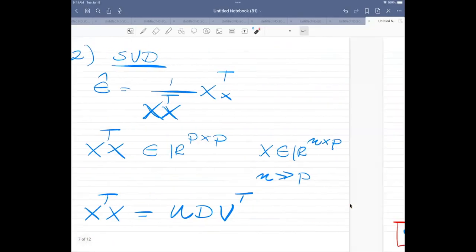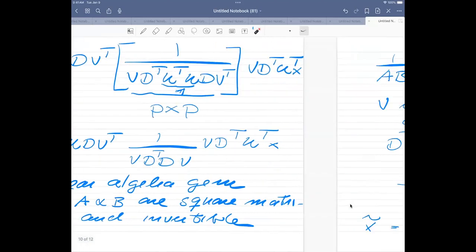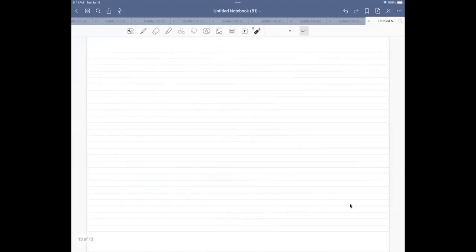Okay, so let's switch back to the whiteboard. Now let's just bring this up. So the topic now is dimensionality reduction, dim reduction, and PCA.